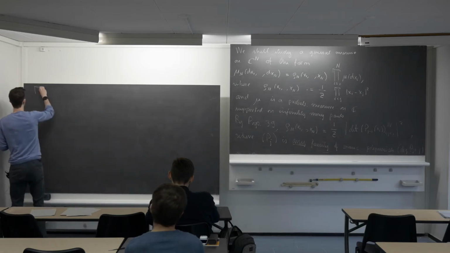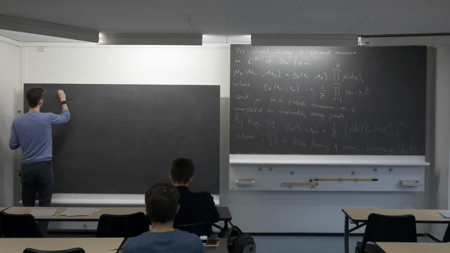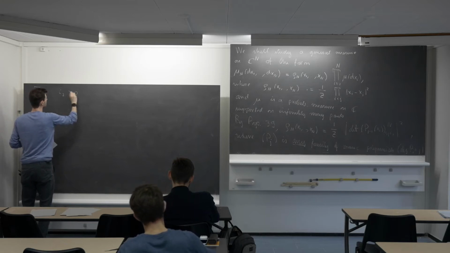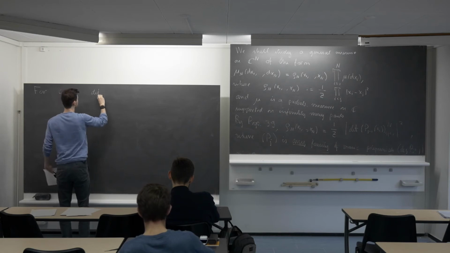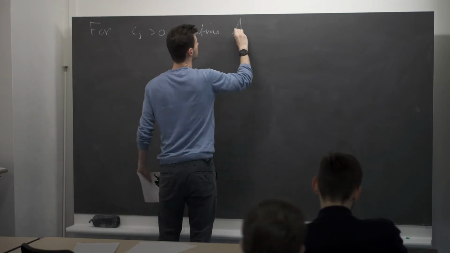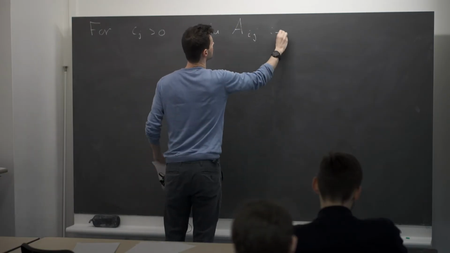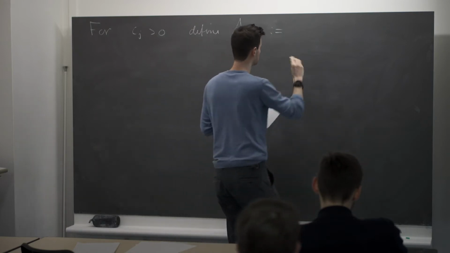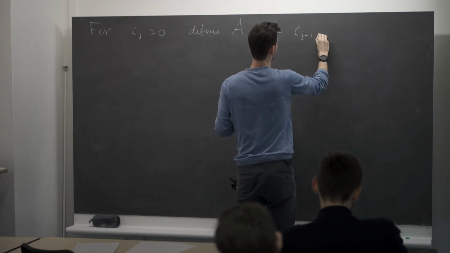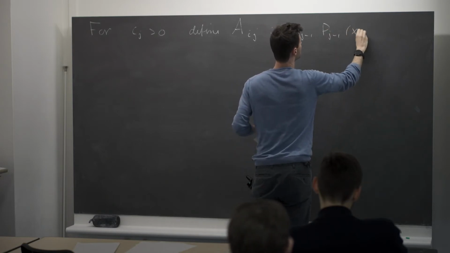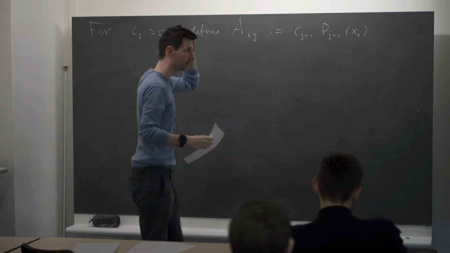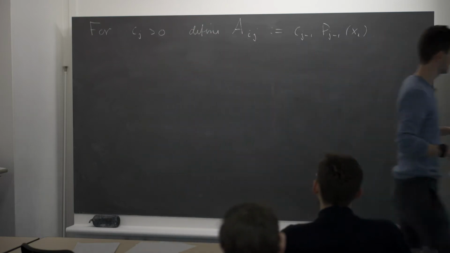So let me define the following matrix. I choose a Cj, which is a positive number. I define a matrix Aij, which is given by Cj minus 1. So I fix my, now I'm just doing, this is just an algebraic computation.